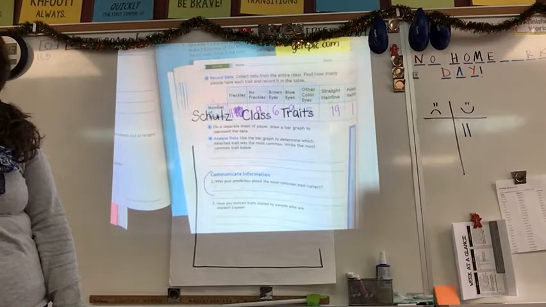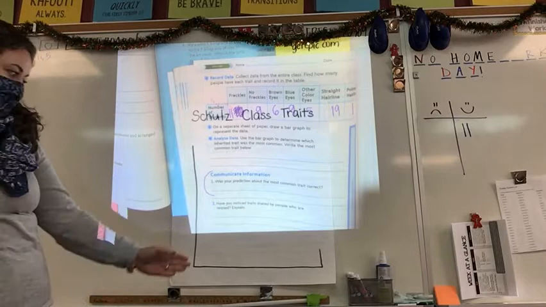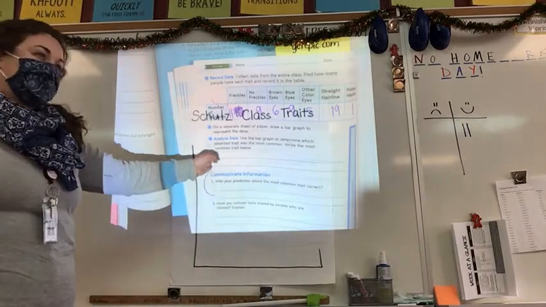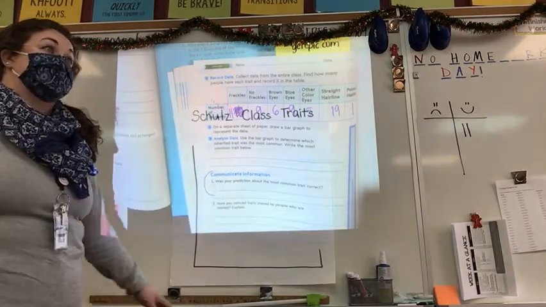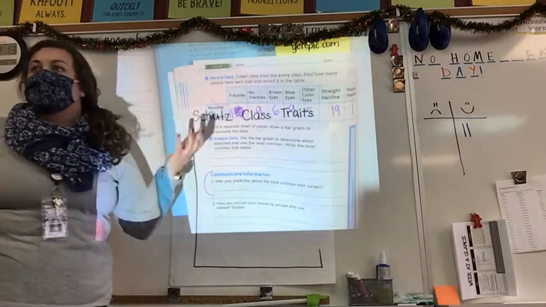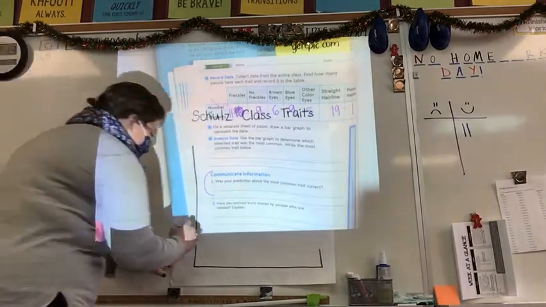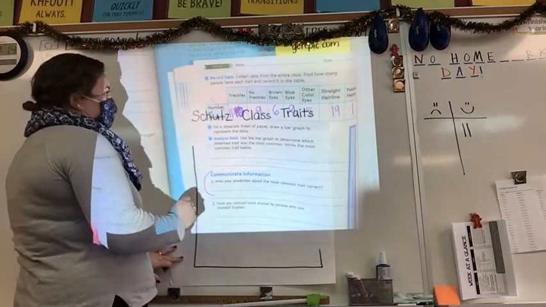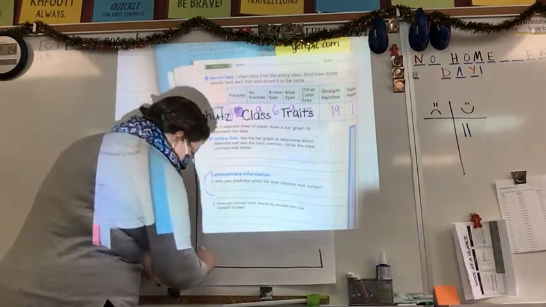Savannah. The bottom. Yeah, the bottom. If I want my bars to measure up, then my numbers have to be on the side, right? And since we've talked just about our class and it only goes to 20, we'll go ahead and do it by ones. So I'm going to make all the way up to 20 here.